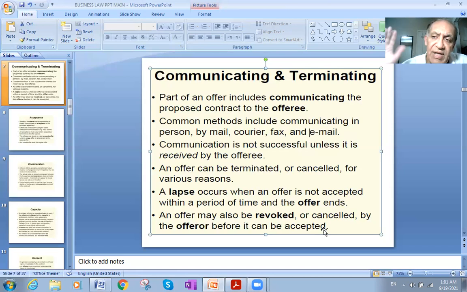I said I wanted to sell, but now I'm not interested in selling anymore, so I cancel it. An offer may also be revoked or canceled by the offerer before it can be accepted.